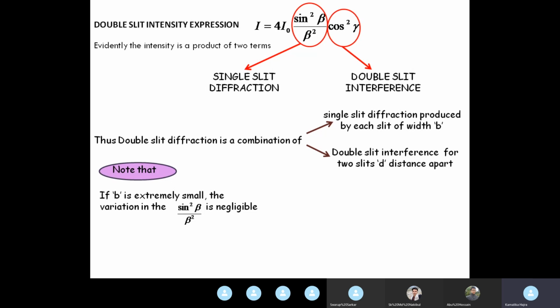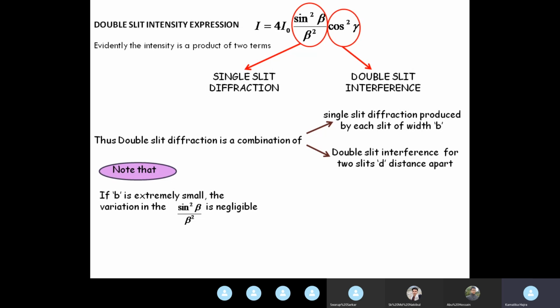So if b is extremely small, then pi b by lambda sine theta is also extremely small, and therefore the variation in the function sine squared beta by beta squared is almost negligible compared to the variation of the cos square gamma term, because gamma contains d. Gamma is pi d by lambda sine theta, beta is pi b by lambda sine theta.